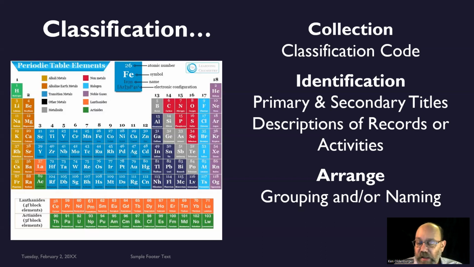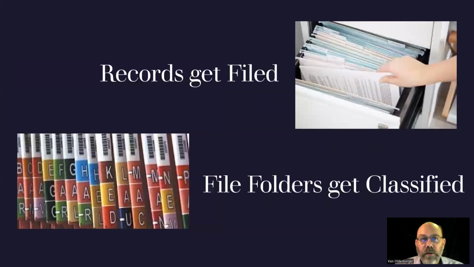So that is classification in a nutshell. There's a couple topics that I want to continue on with while we're talking about classification. The first one is the idea that records get filed into a file folder, and a file folder is what gets classified.